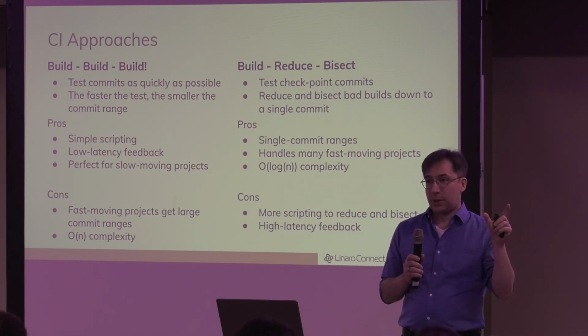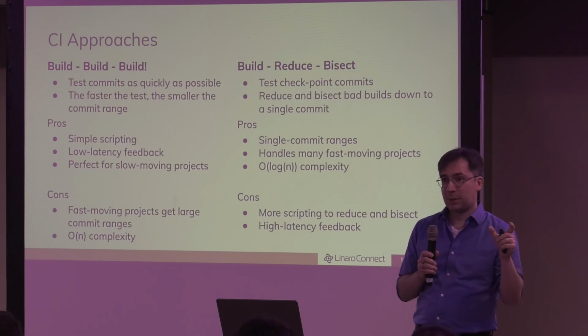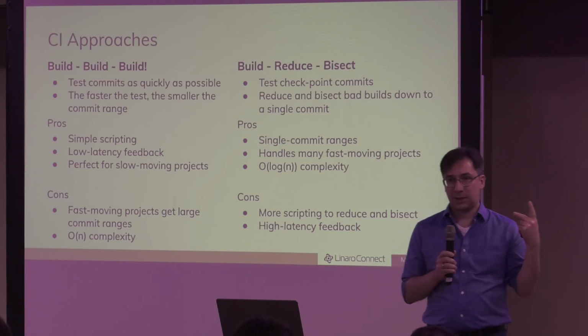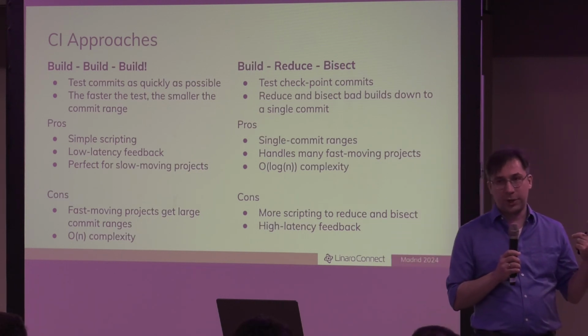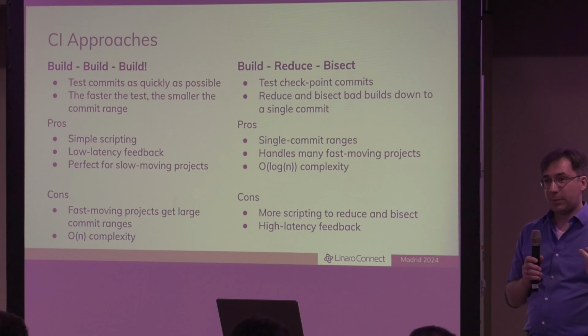But fundamentally, commit ranges are determined by 2 factors: the speed of your open source project, or the speed of your proprietary project, and the amount of time it takes to do a build.